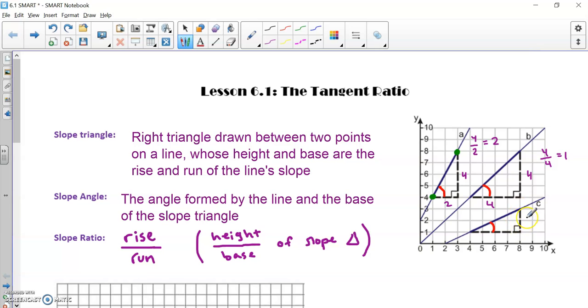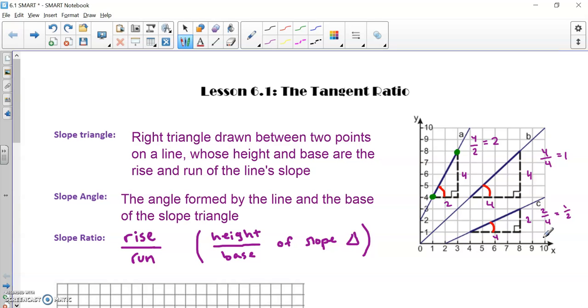This one has a height of 2 and a base or run of 4, so it's 2 over 4, which is equal to 1/2. That is all about slope triangles and slope ratios, and we're going to use that idea to develop the tangent concept.